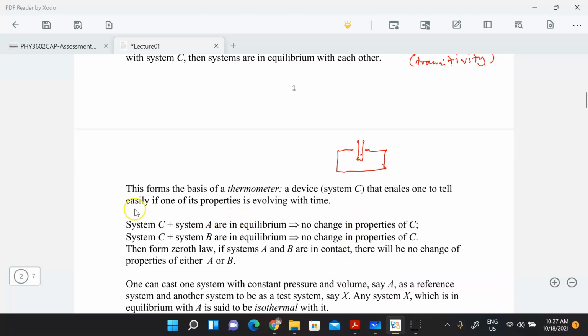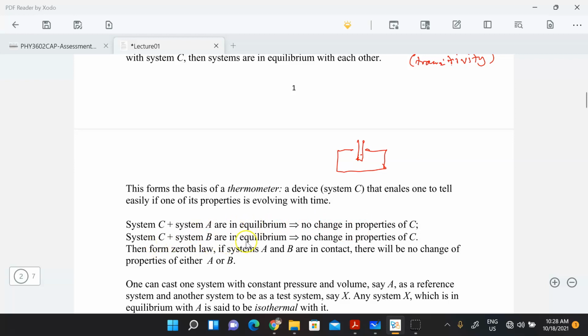If you think of system C being the thermometer, you put it together with system A and they are in equilibrium, so you don't see any change in the properties. The temperature has already been recorded to some extent. A thermometer usually measures temperature.